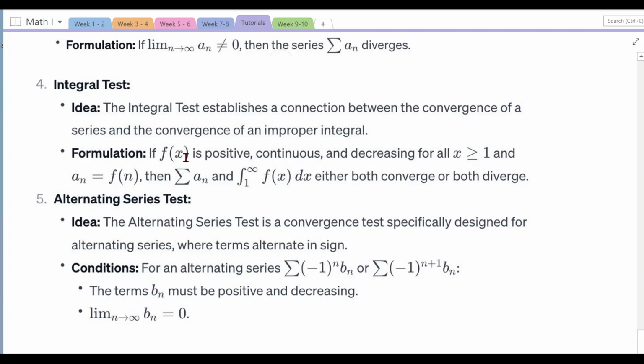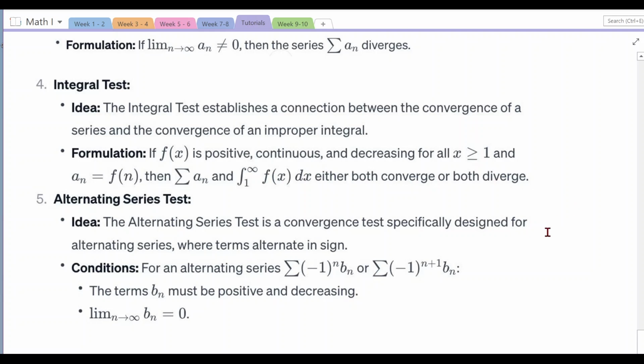If a function f of x is positive, continuous, and decreasing in value for all x greater than or equal to 1, and the series a sub n is a function of n, then the series, the summation of a sub n, and the integral from 1 to infinity of f of x dx either both converge or both diverge.